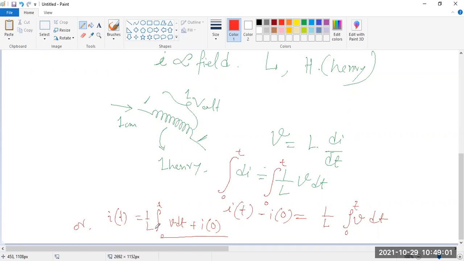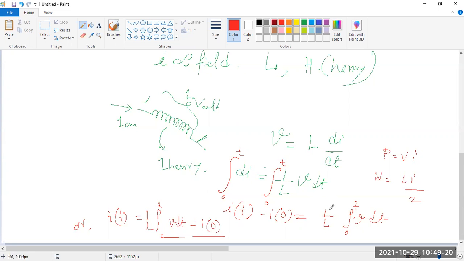This is the formulation. And now P equal to V into I, and the work done equal to L I square by 2.